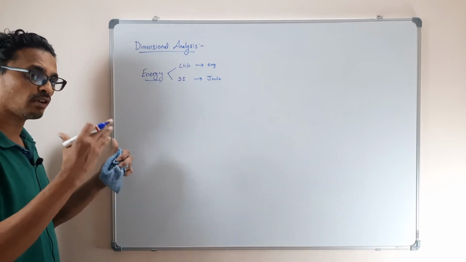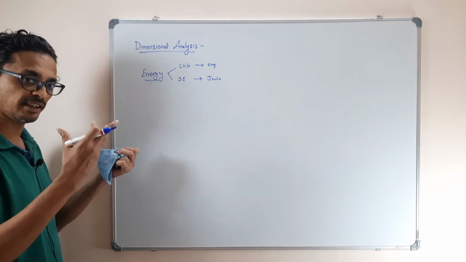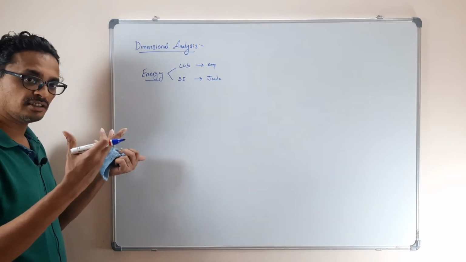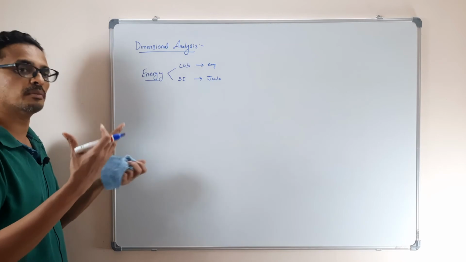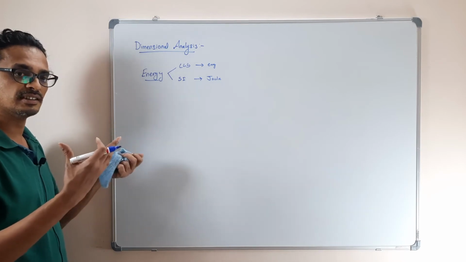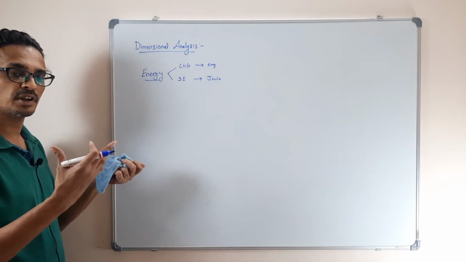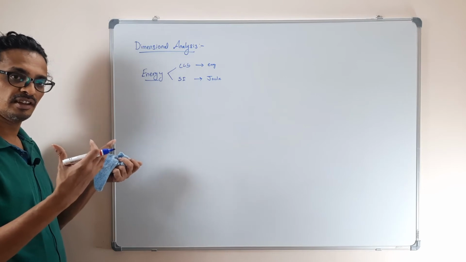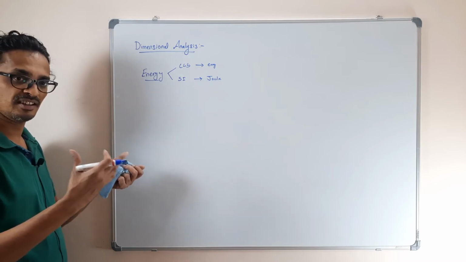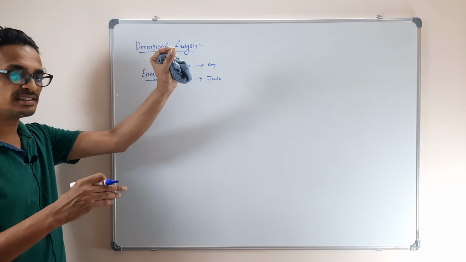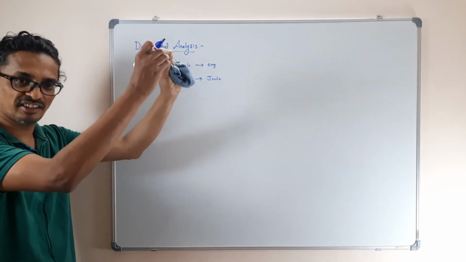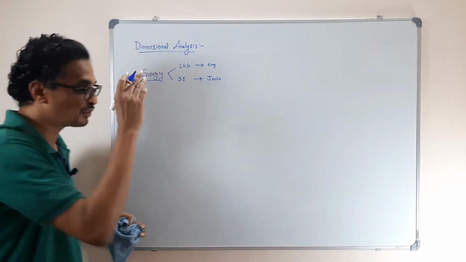Do you remember any formula for energy? Kinetic energy or potential energy? Which is easier? Potential energy, mgh: the mass, the height, and the gravity. That's a good example.